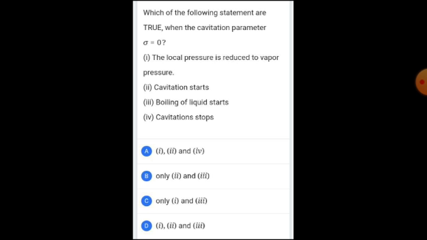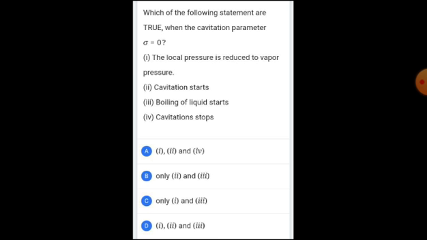When these reach the high pressure zone, they burst, and due to the burst effect cavities form in the fluid machinery parts. This is known as cavitation.